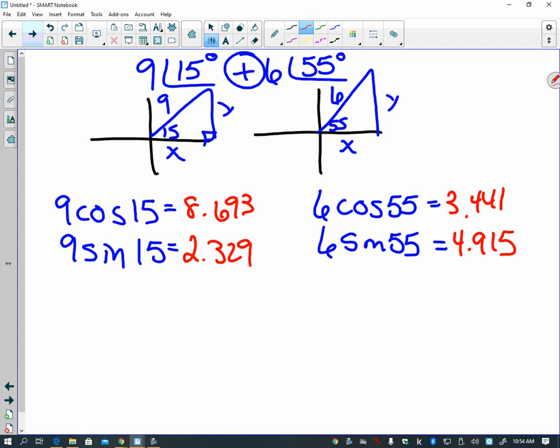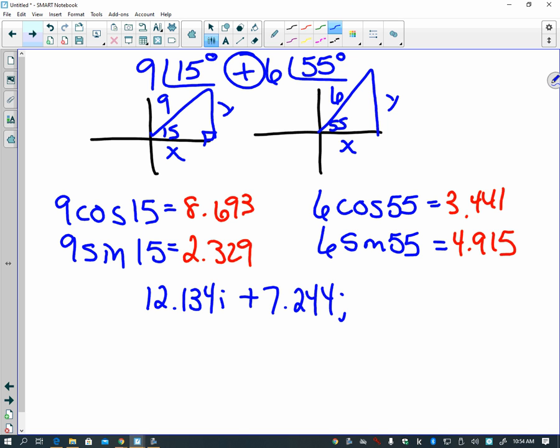Okay, now all I really need to do is just add my x's, add my y's. So I should get 12.134 i plus 7.244 j, and that's your rectangular coordinates.